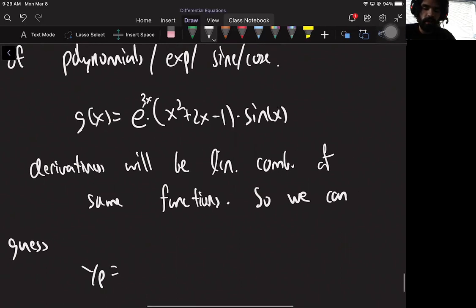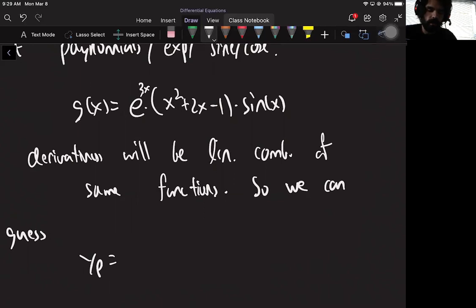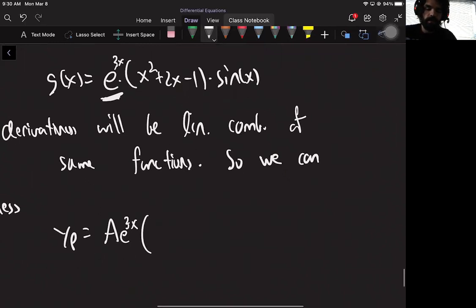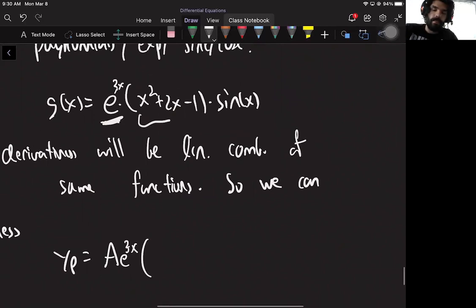We're not going to do this. This would be awful. But what we can do is combine our guessing abilities. So we can say, well, I see an e to the 3x. So my initial y solution should have one of those in there, because when I take derivatives of it, I'll have more of them. I see a square term.